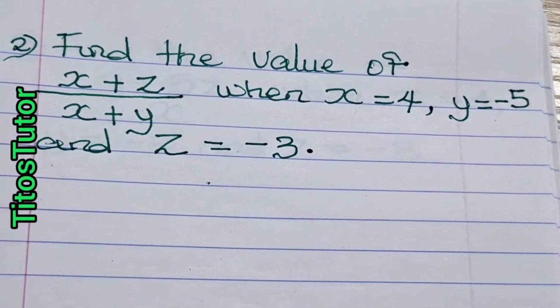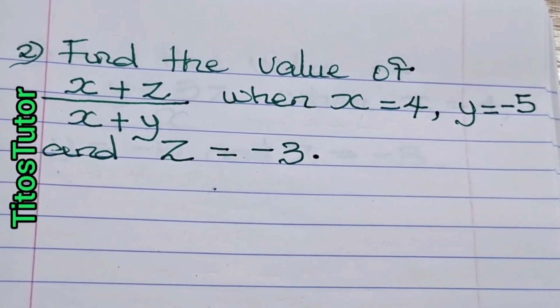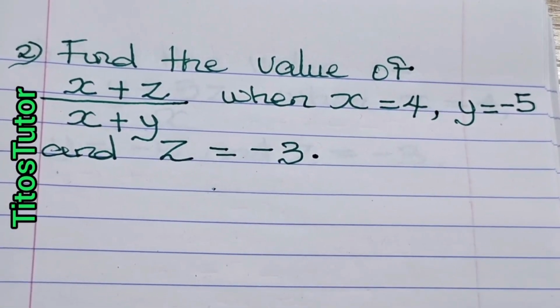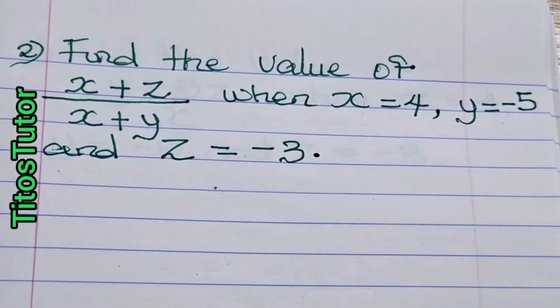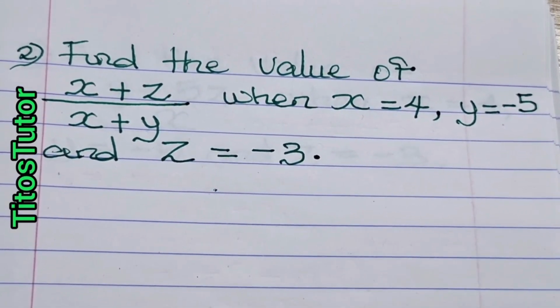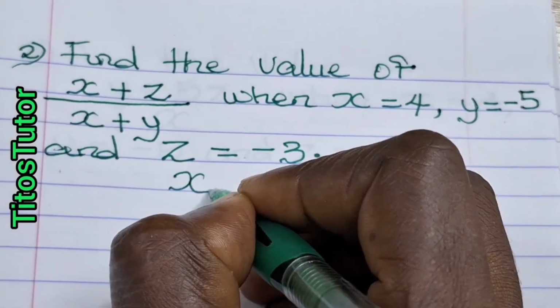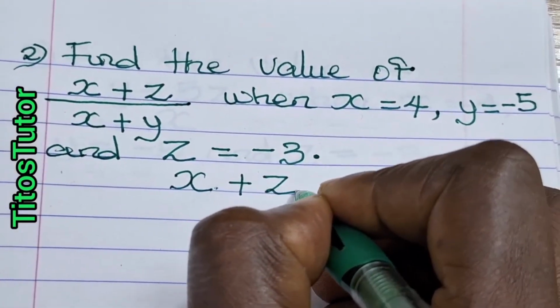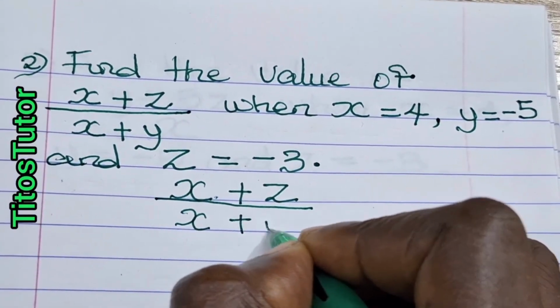Second worked example. Find the value of x plus z all over x plus y, when x is 4, y is -5, and z is -3. So I'm going to write the expression again: x plus z all over x plus y.